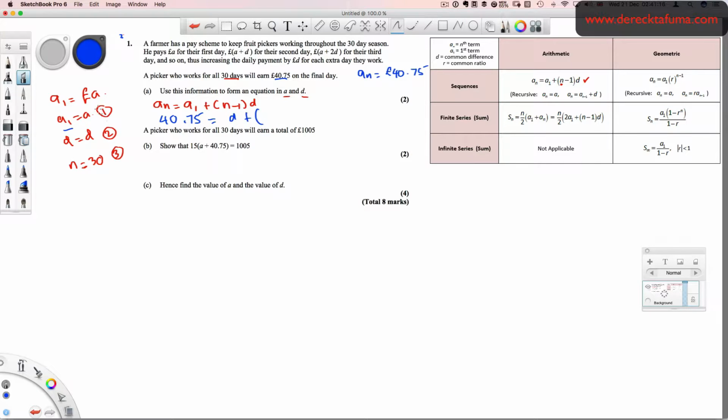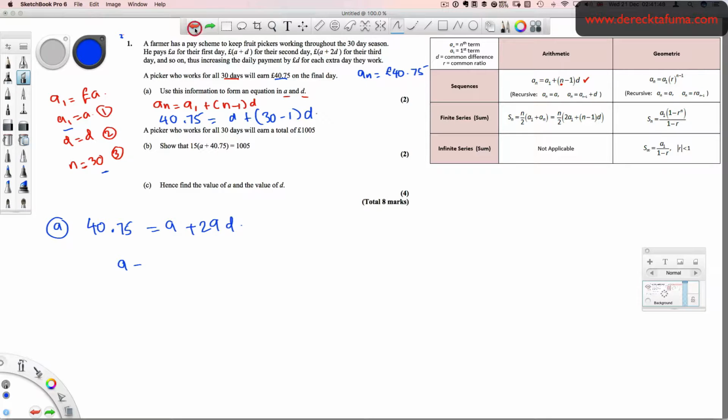So 40.75 equals A1, which we know is A, plus n is 30, so 30 minus 1 times D. So 40.75 equals A plus 29D.